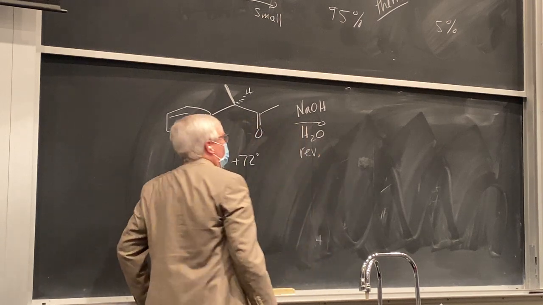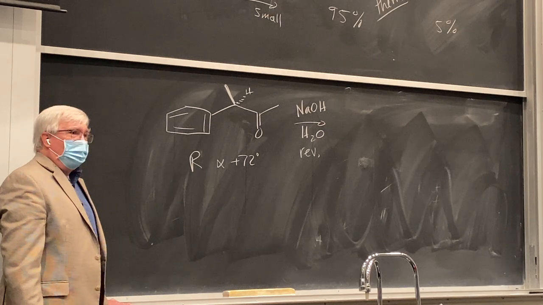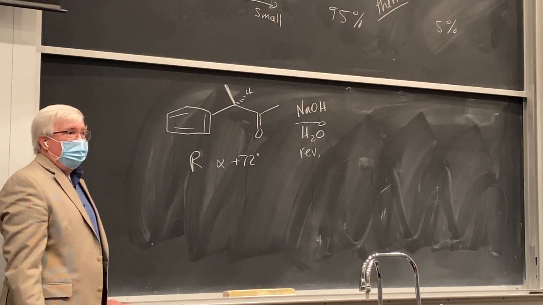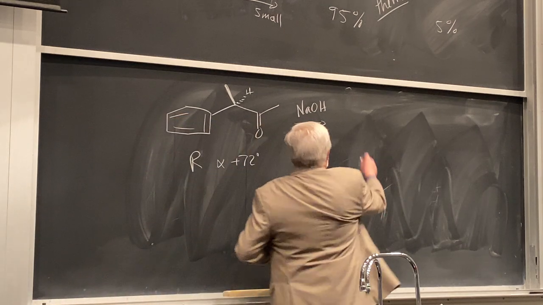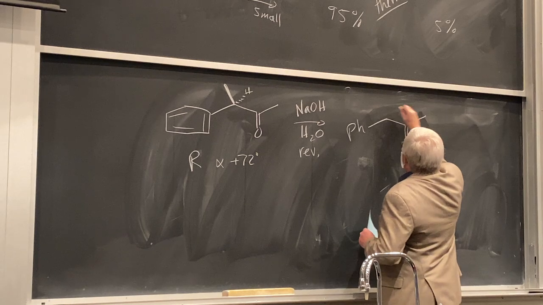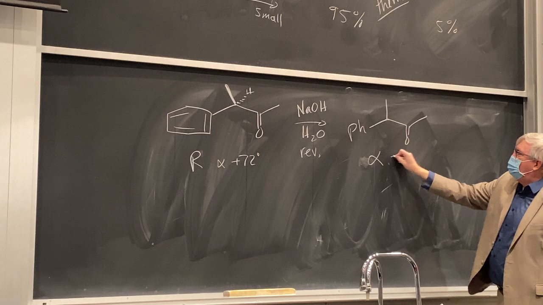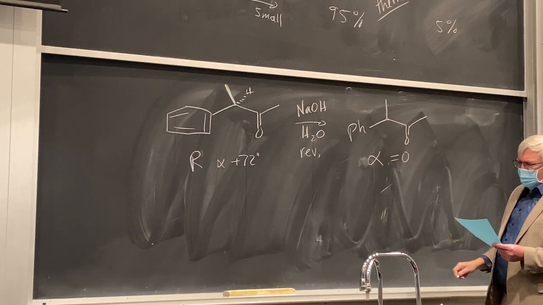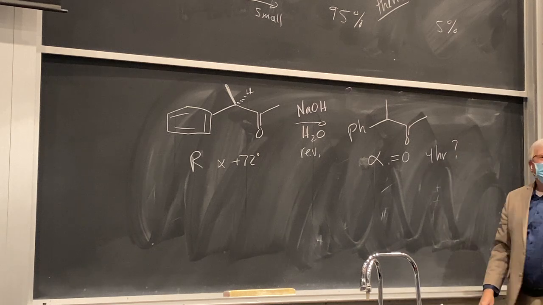It's not a super strong base compared to LDA or sodium hydride, but it is strong enough to form some enolate, okay, a tiny amount at equilibrium. But let's follow the optical rotation here. In fact, you can do this experiment right in the polarimeter, and you can watch this optical activity eventually go to 0 after about 4 hours. Okay. What happened here?